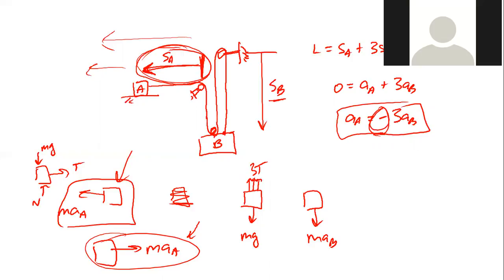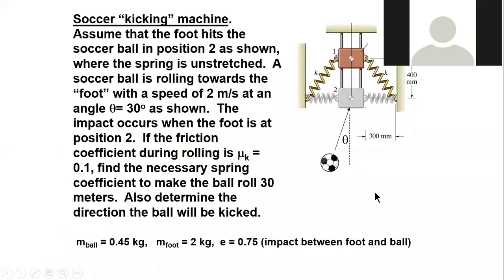So I was looking at the PowerPoint where you put up extra examples, and there was one that mentioned a device that kicks a soccer ball. Do you know which one I'm talking about? I think so. It's got springs on it and a block. Exactly that one.